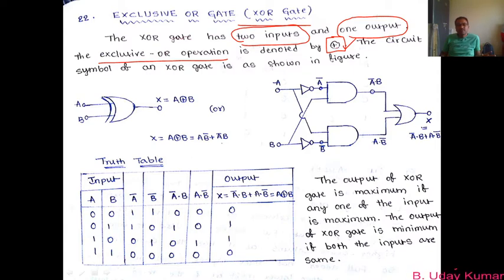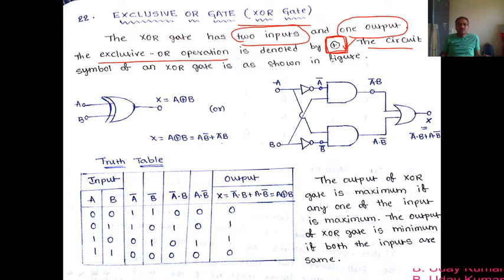You know that in case of the OR gate we denoted the operation by plus, and in case of the AND gate we denoted the operation by dot, and like that. So the exclusive OR operation is denoted by this plus inside a circle. This is the symbol that we use for the operation of the XOR gate.